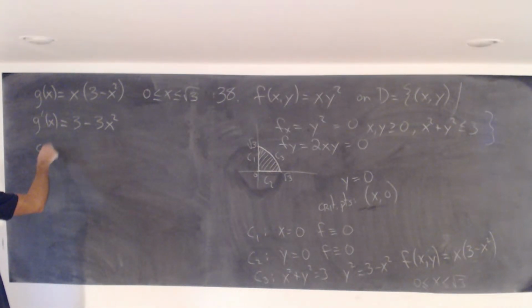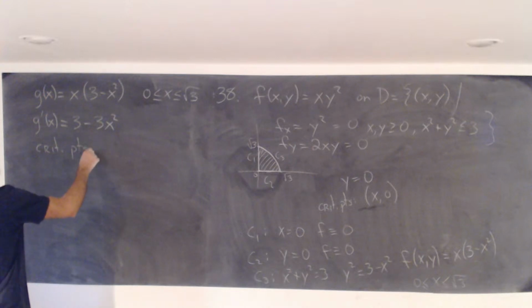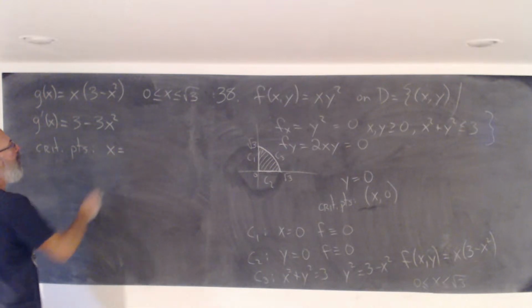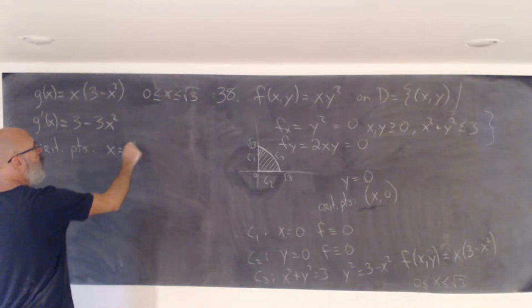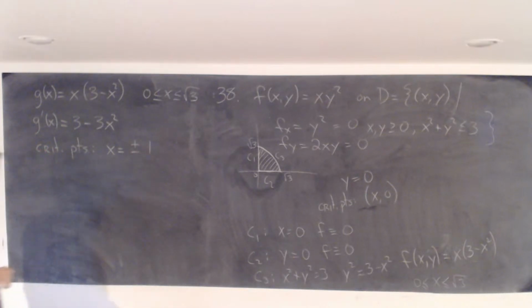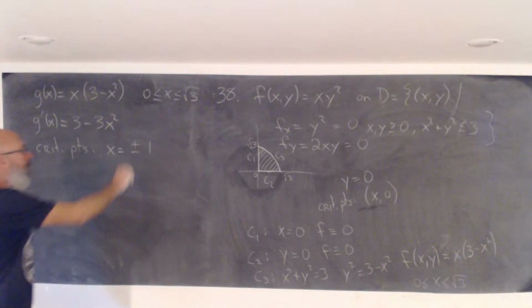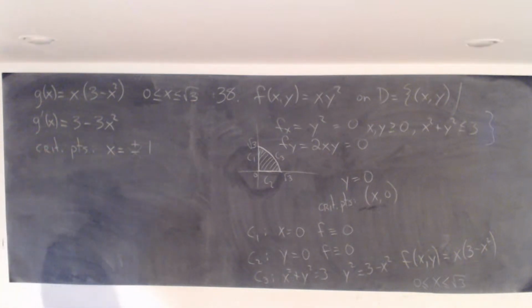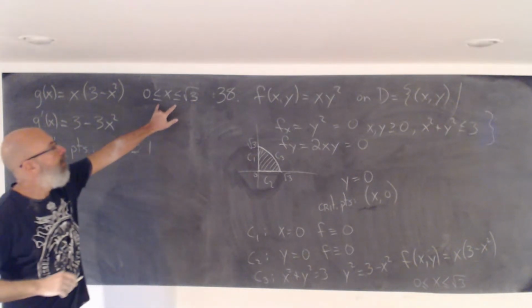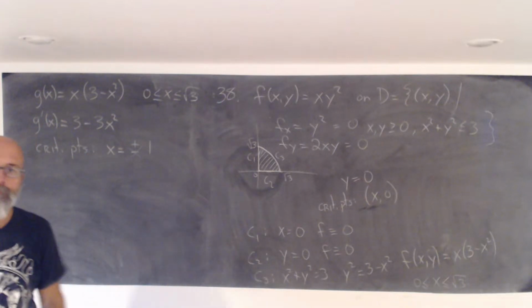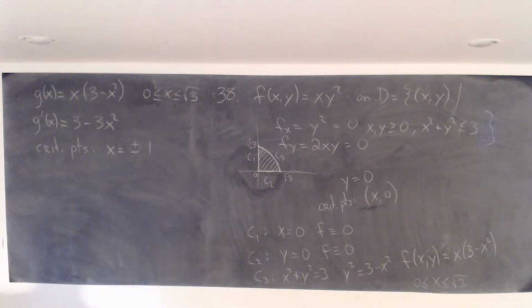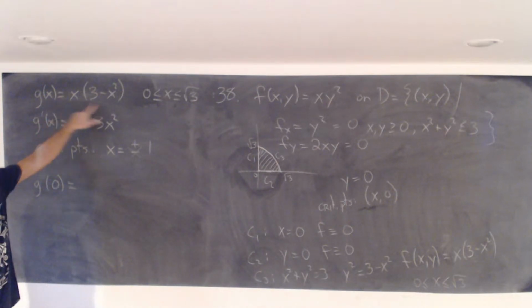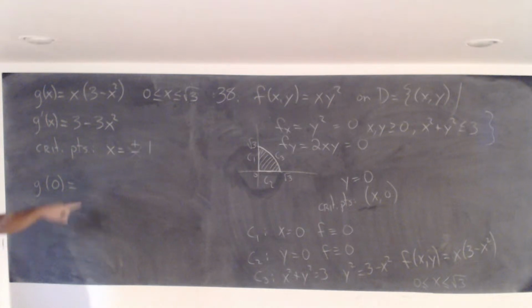And critical points here are easily seen to be plus or minus 1. But negative 1 is not in the domain. So this function has max and min that occur either at critical points or at the endpoints.